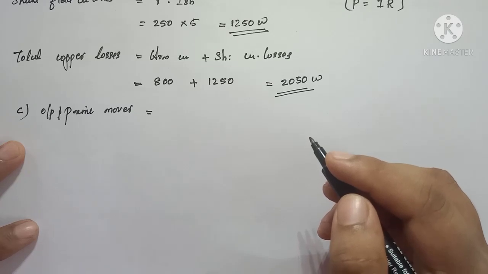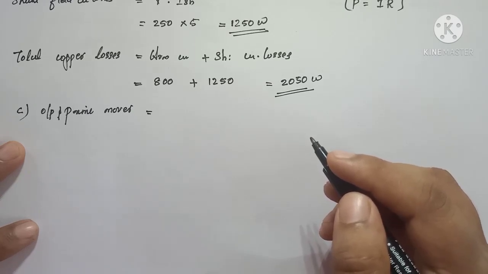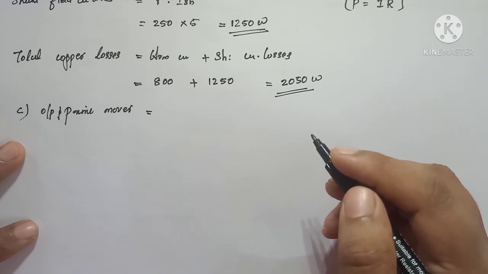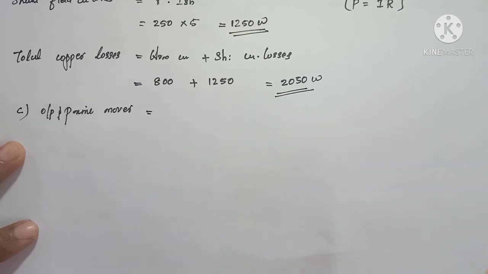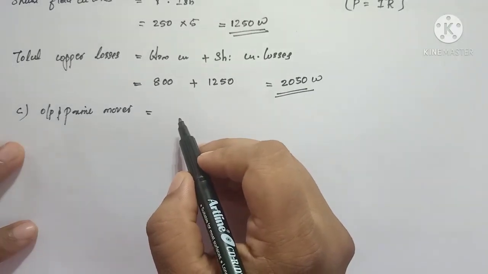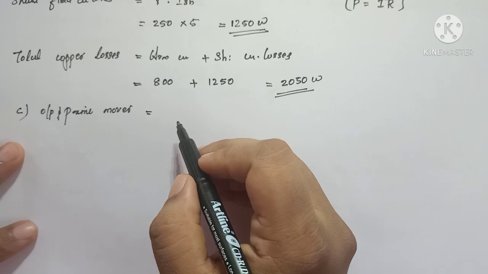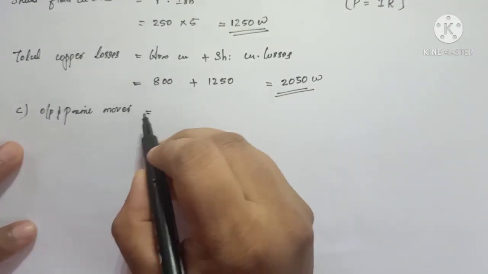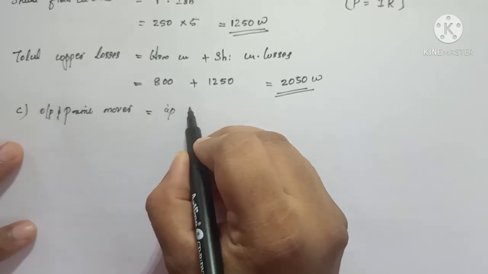We know that the prime mover is directly coupled to the generator, so the output of the prime mover is the exact input of the generator. So we can calculate the input of the generator.